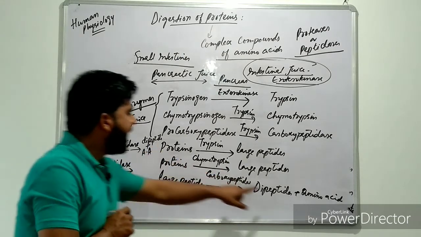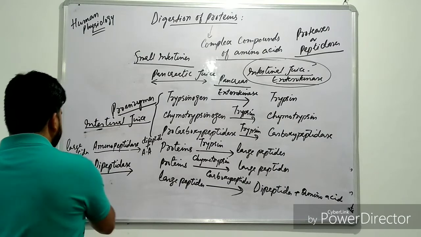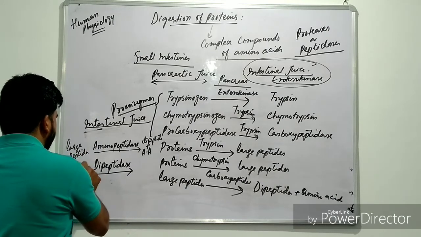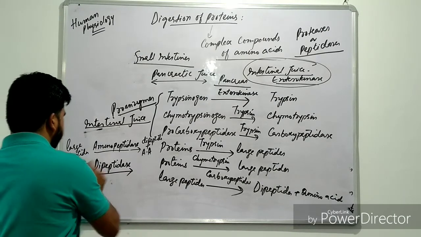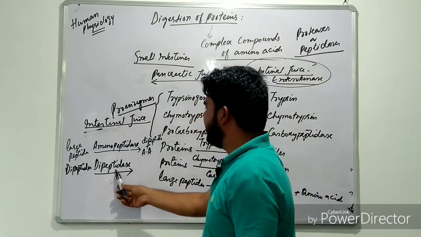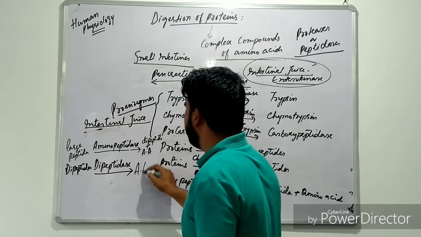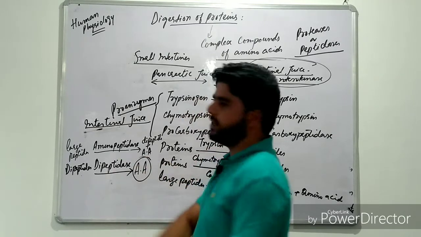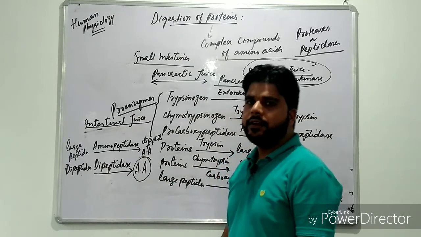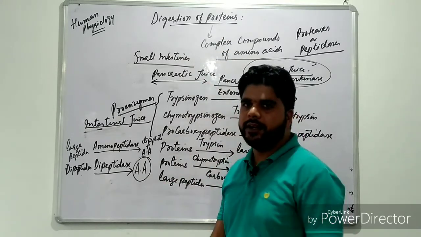We still have dipeptides which are formed here and dipeptides which are formed here. These dipeptides will be acted upon by the dipeptidase enzyme, and it will convert them into amino acids. So finally, this process of the digestion of proteins has been completed.